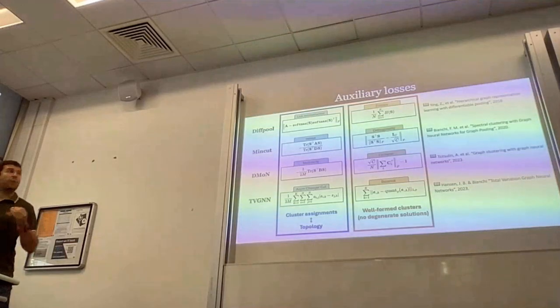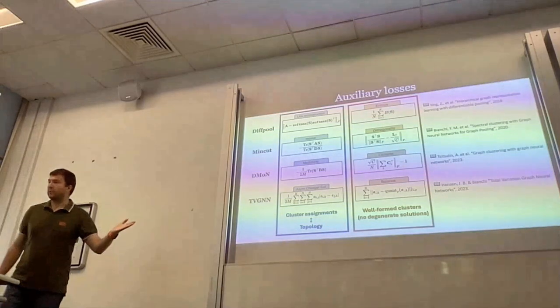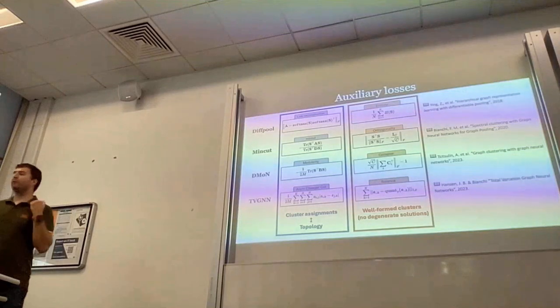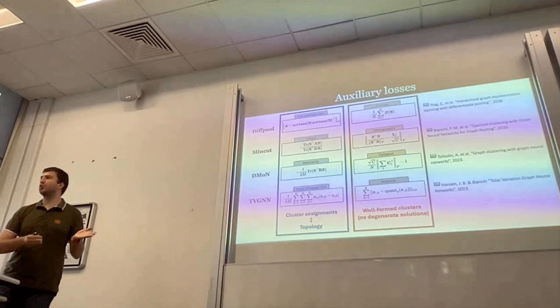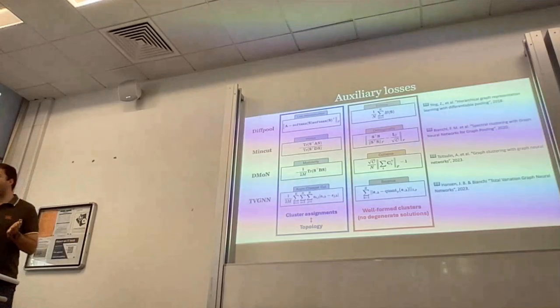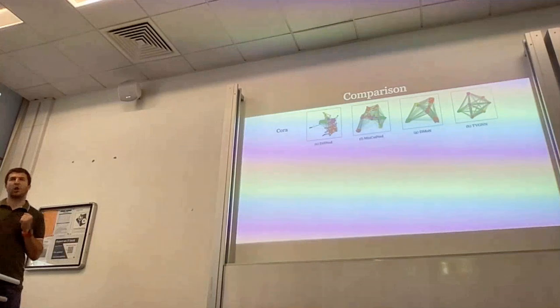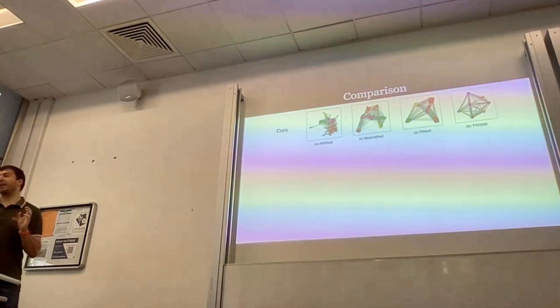And the purpose of the other type of loss is to ensure that the clusters are well formed so that those degenerate solutions which I showed you before are avoided. And depending on how these losses are implemented, the results can be quite different.